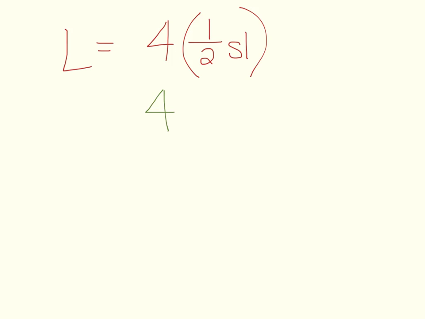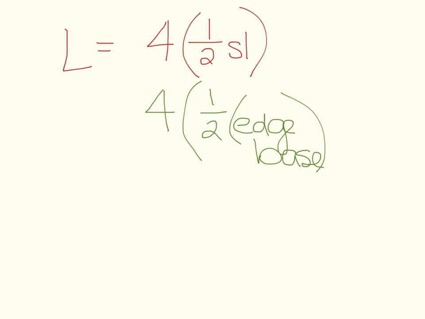But the reason that they put S and L in here is because when it's a pyramid, you're not multiplying it by the full base. You're multiplying it by one edge of the base. So we're going to think of this as half the edge of the base, times L, which is the slant height.